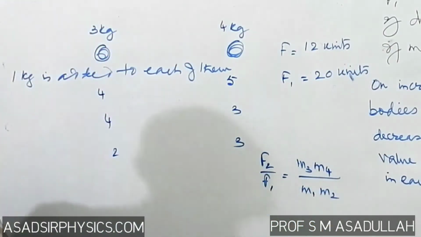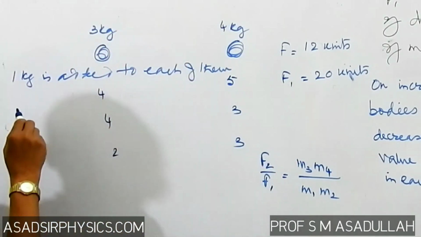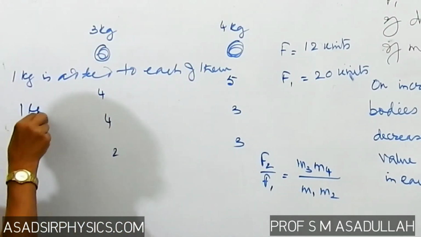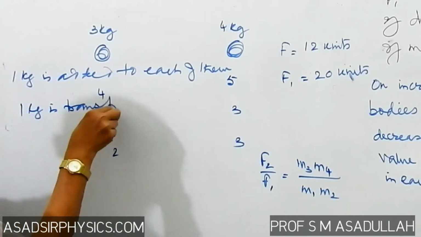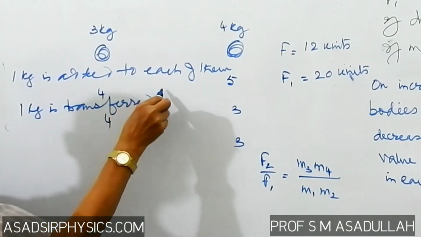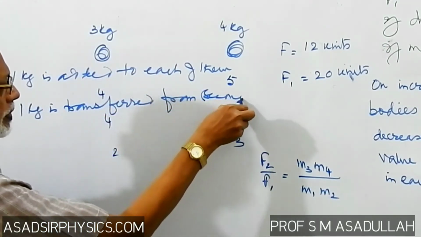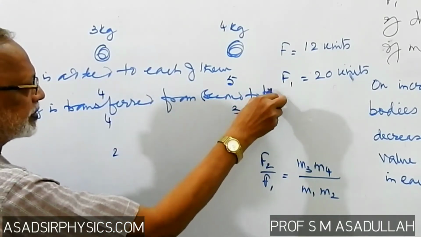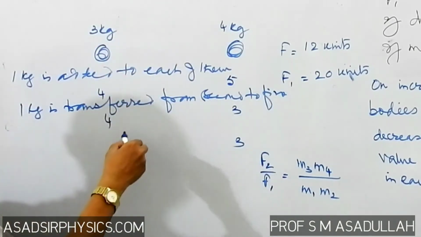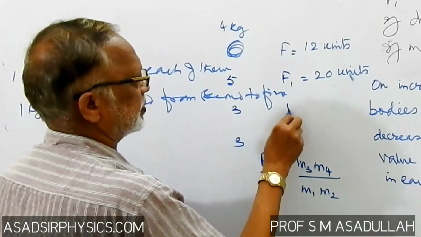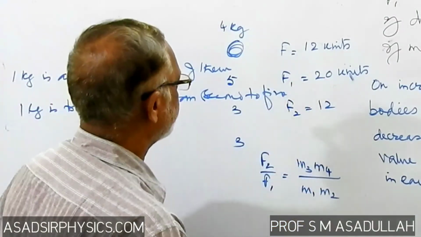Next, suppose 1 kg is transferred from the second body to the first. So this will become 3 kg, this will become 4 kg. 4 3s are 12. So the new force F2 is the same, 12 units.